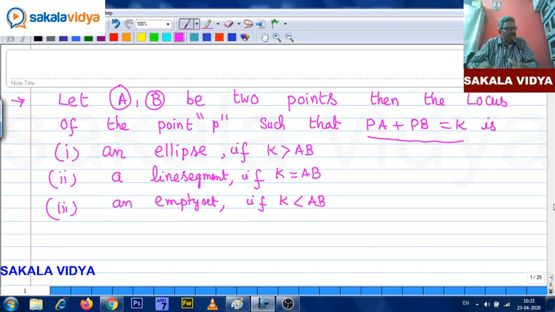So, you need to remember these conditions, they are very important. The weightage of the locus is 1 or 2 marks, but locus is very important for circles, parabola, hyperbola, ellipse, and everywhere there is locus. Without locus there cannot be a problem in circles or conic sections. Please do remember.